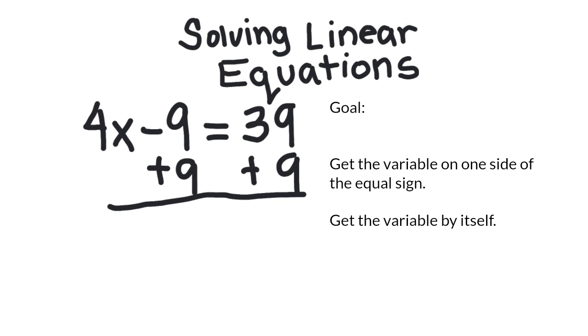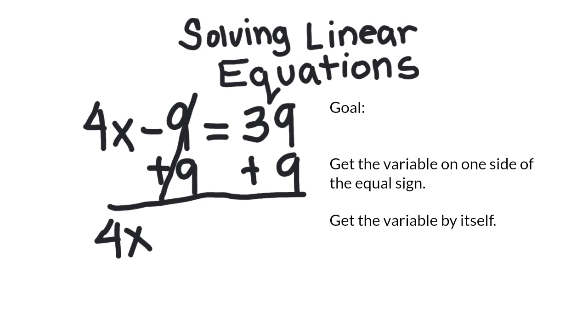Because we know that 4x plus 0 is still 4x, we say that -9 plus 9 cancels out. That's what we mean when we say cancel out. It means that it's 0, and when we add 0 to something, it doesn't change anything. So generally we won't see anyone write the +0. We just say that it cancels out.